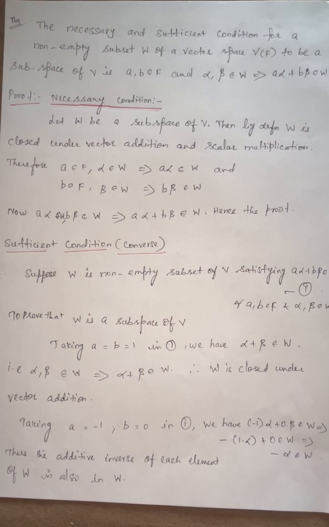Hence, for any a, b in F, alpha, beta in W, a alpha plus b beta is also in W. Now let us see the sufficient condition.